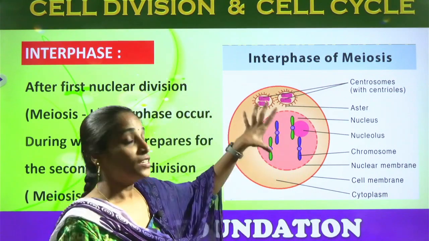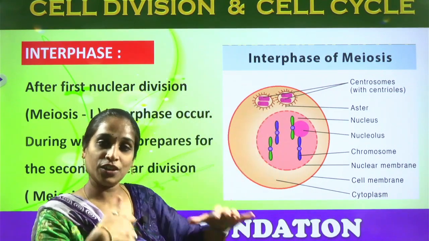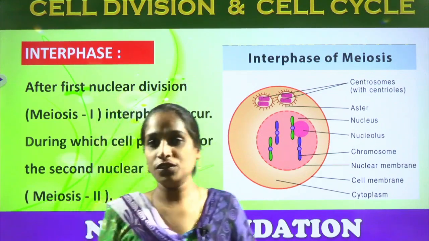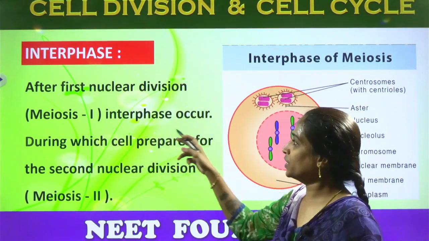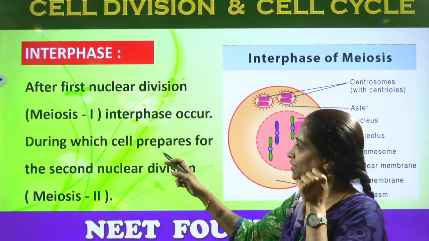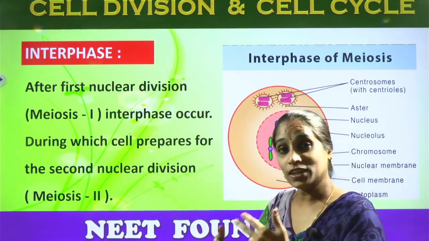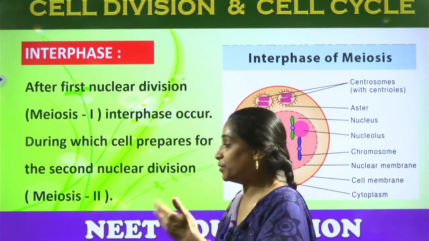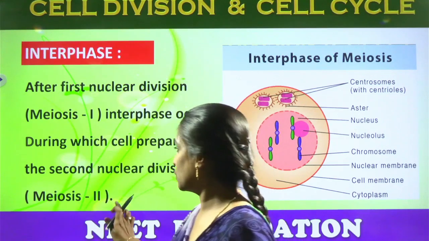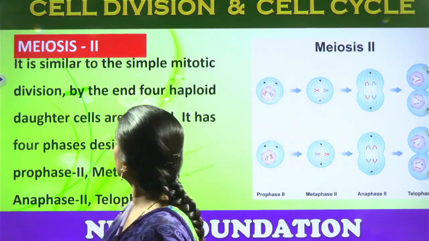So this stage is ready for undergoing the next stage of division. After the first nuclear division, meiosis 1, interphase occurs, during which the cell prepares for the second nuclear division, nothing but the second meiotic cell division. That is what I was saying before.